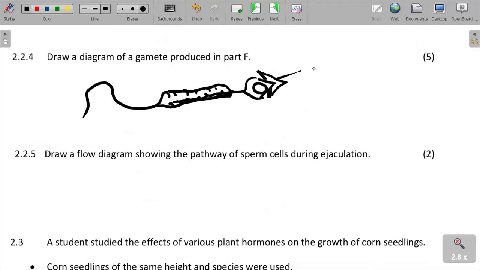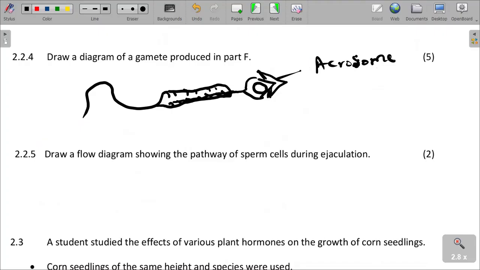We have the acrosome, which is at the tip of the sperm cell to allow fertilization by dissolving the outer membrane of the egg.